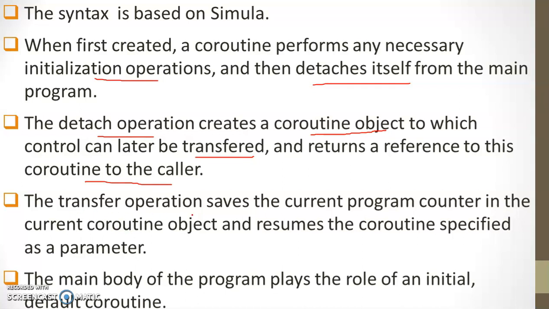Then the transfer operation saves the current program counter in the current coroutine object and resumes the coroutine specified as a parameter. For the transfer operation, it performs the call function.